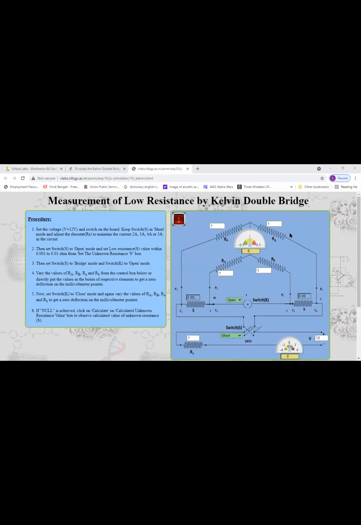The Wheatstone bridge has four arms, but the Kelvin double bridge has a second layer of arms.